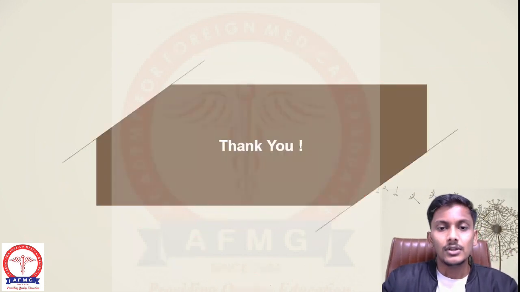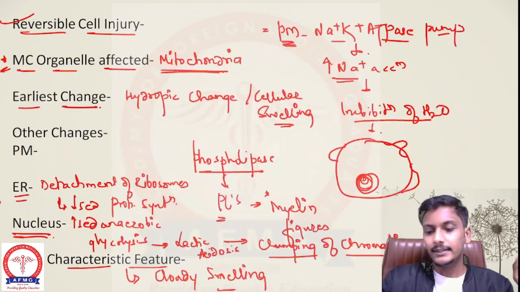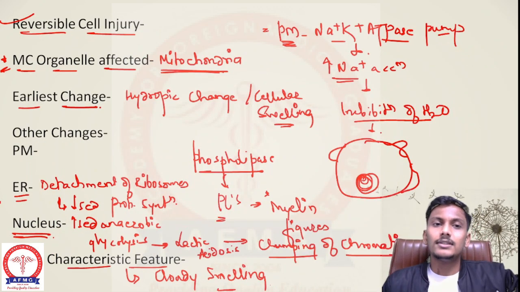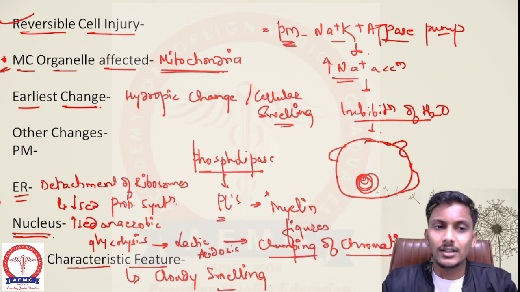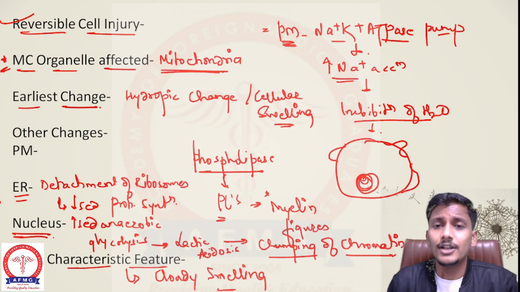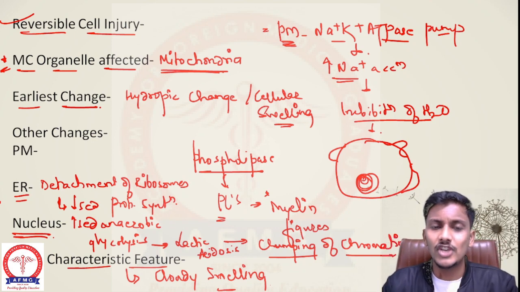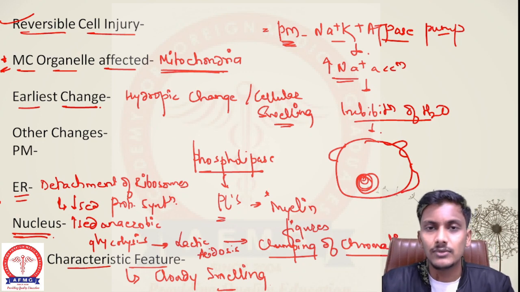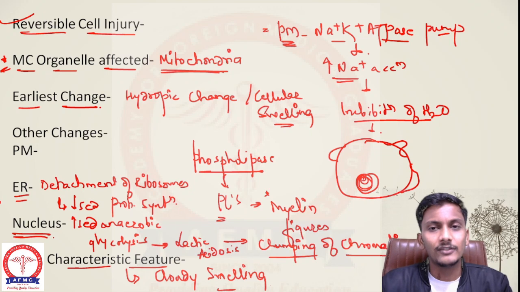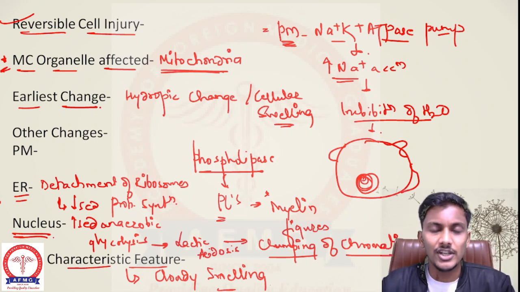Just before ending the session, I would like to revise it in a nutshell. Reversible cell injury and irreversible cell injury, what are the differences? In reversible cell injury, the most common organelle affected is your mitochondria. The earliest change seen is hydropic change or cellular swelling. In the plasma membrane, there would be impairment of the sodium potassium ATPase pump, leading to imbibition of water, leading to hydropic change or cellular swelling.